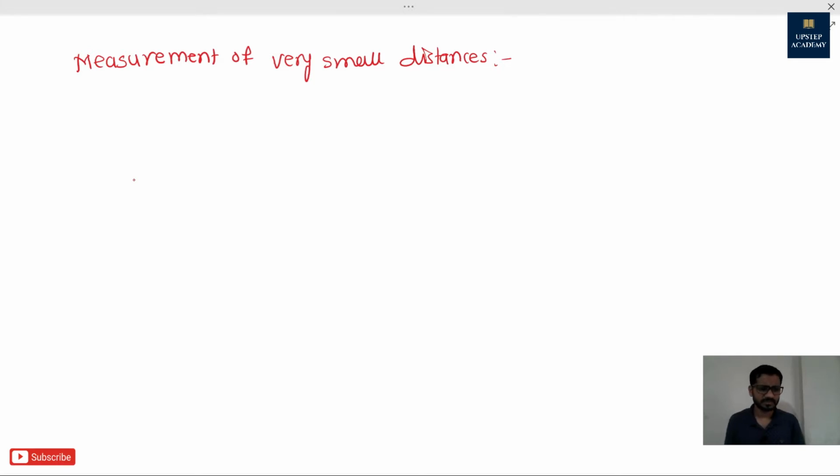For measurement of very small distances, you know that we use a microscope, but the normal or conventional microscope cannot be used for measuring lengths like the diameter of an atom or a virus. For that purpose we need to use an electron microscope or tunneling electron microscope.